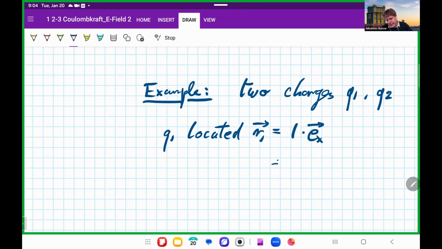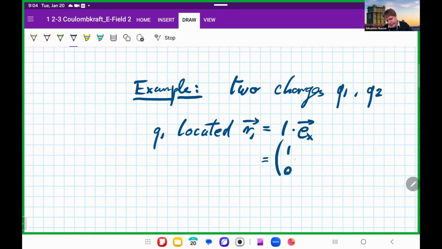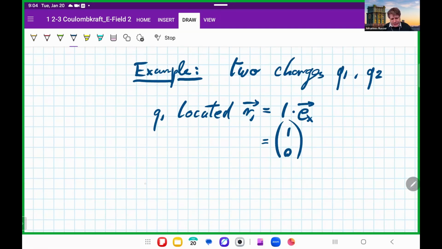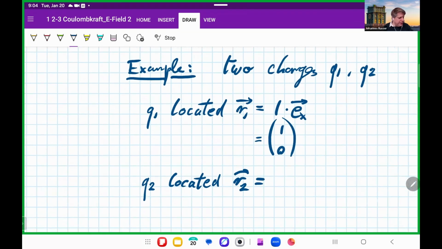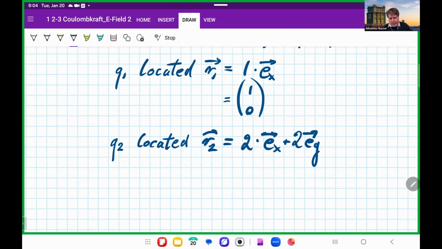That means, in a different notation because we go for a coordinate system with X and Y, you can write that into this vector (1, 0). And the other charge Q2 is located at R2, and R2 is now 2 times EX plus 2 times EY, or written in more compact notation, (2, 2).